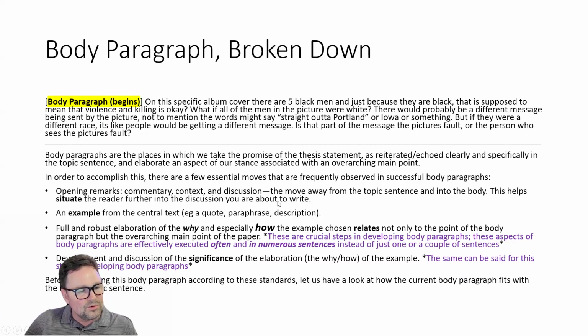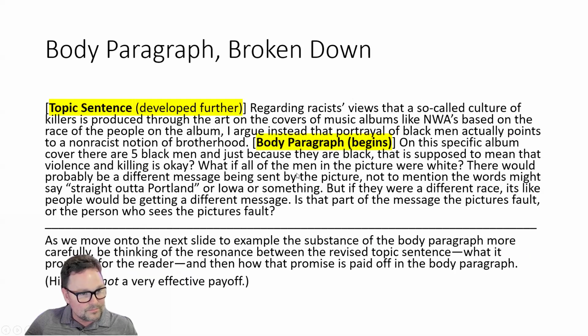How does it work to produce the effect that you think it produces? All of that will contribute to pointing out the significance of this one element here. We're talking about the people portrayed, and we're talking about it being an example of not contributing to the ills of society, but it's a symbol of brotherhood instead in this example.